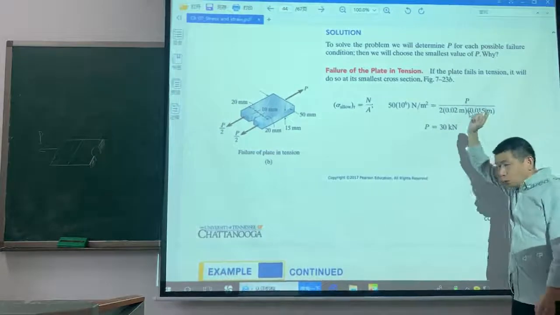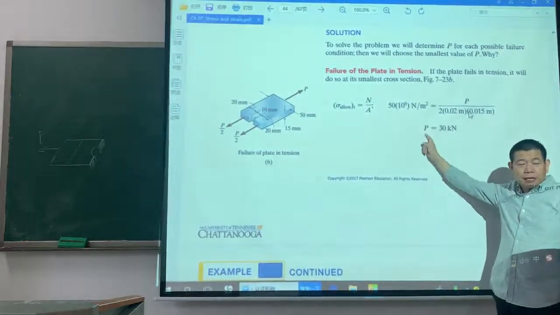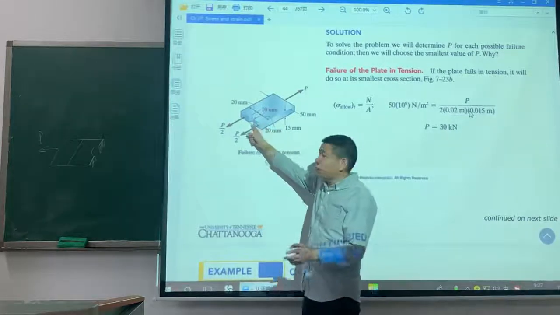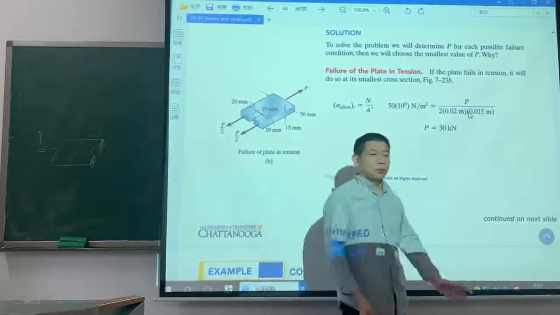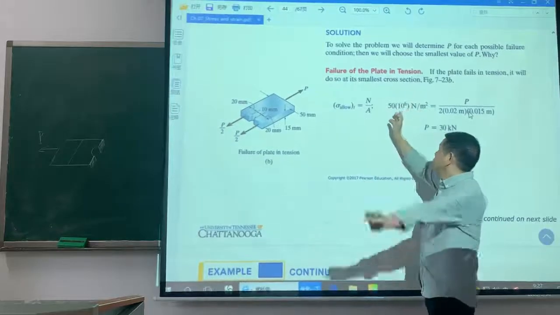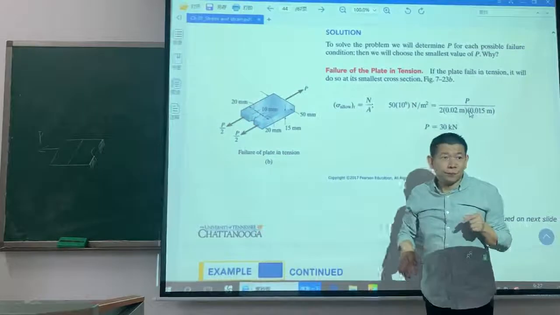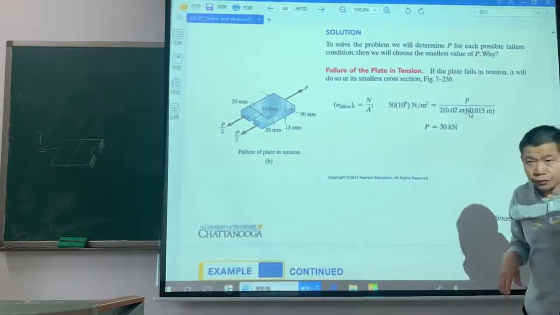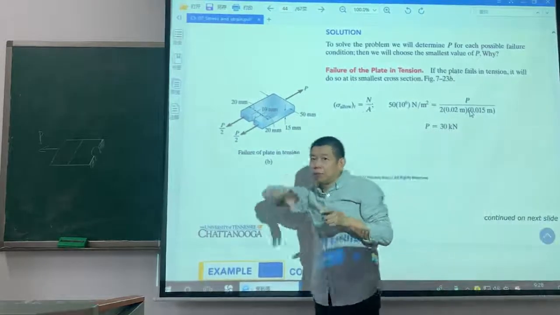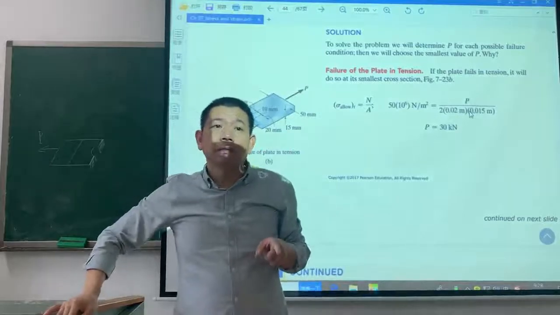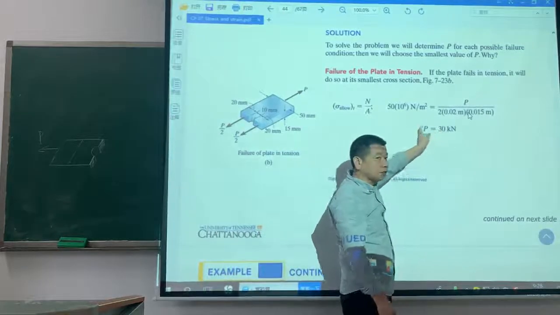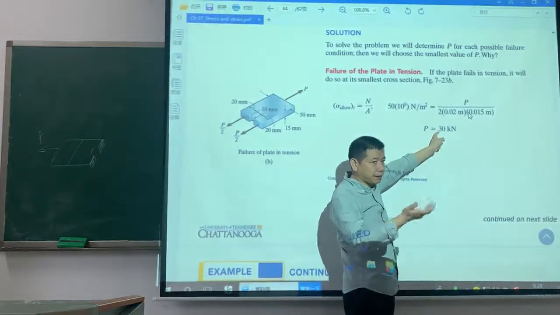It means when P is more than 30 kilonewton, the normal stress on the cross section must be more than 50 MPa. It means if P is more than 30, the plate will be broken. So, from this result, it tells us the loading must be less than 30.